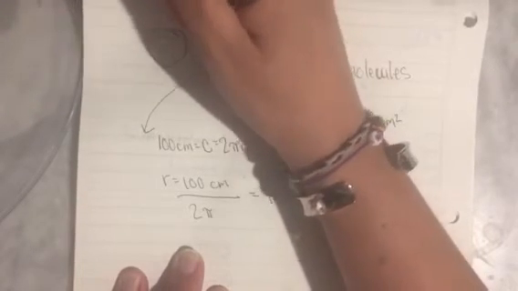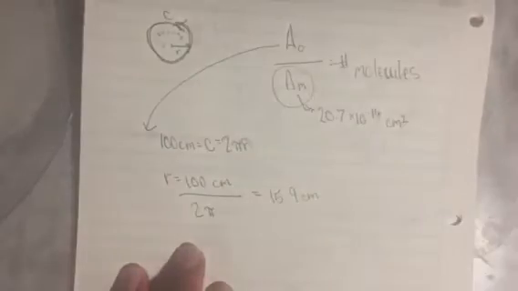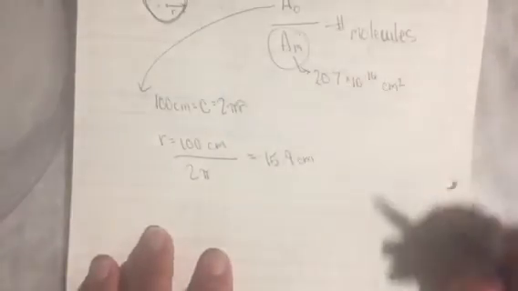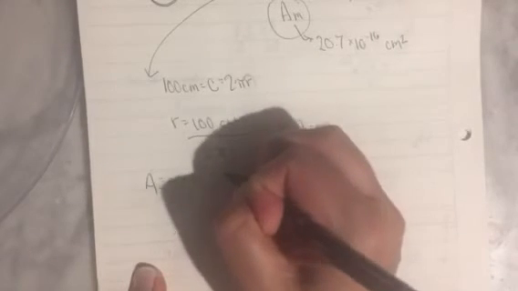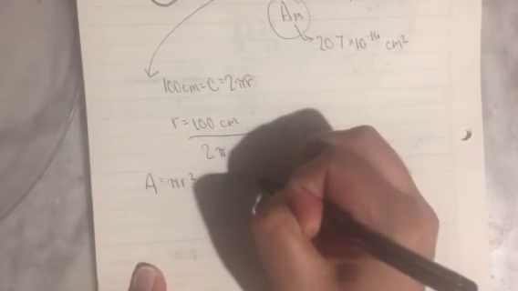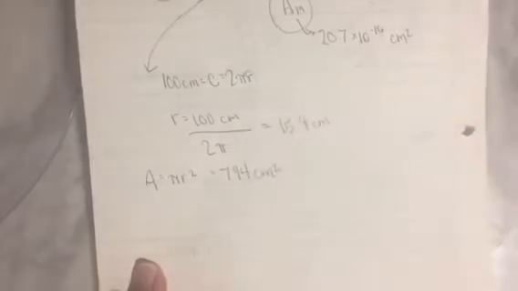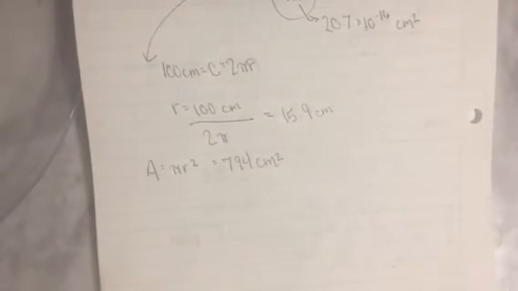So it's 100 centimeters around, that's our C. And from here to here is 15.9 centimeters, that's our r. And we can use that to figure out the area, because area is equal to pi r squared. 15.9 squared times pi, 794 centimeters squared, is the area of our total circle.